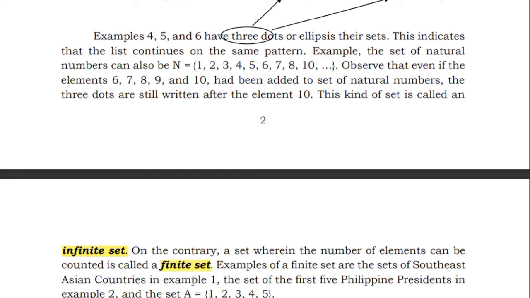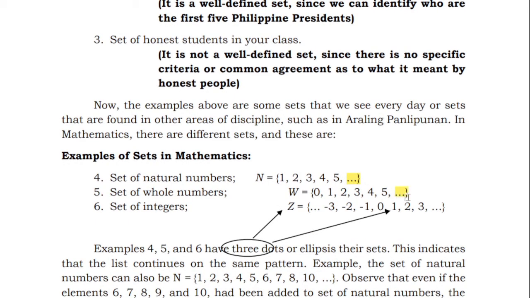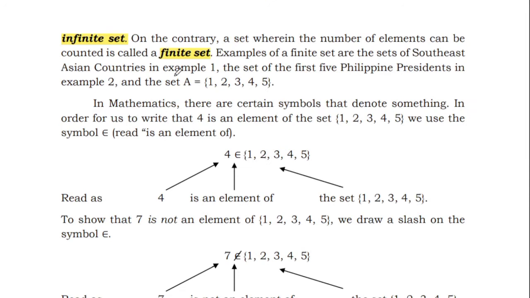When we talk about an infinite set, those are sets whose elements are represented with an ellipsis, the three dots. So when we encounter the ellipsis there, the three dots, that means these are examples of infinite sets.